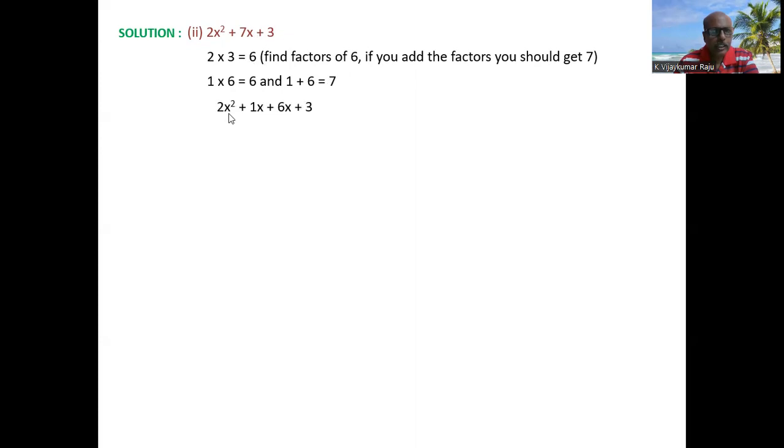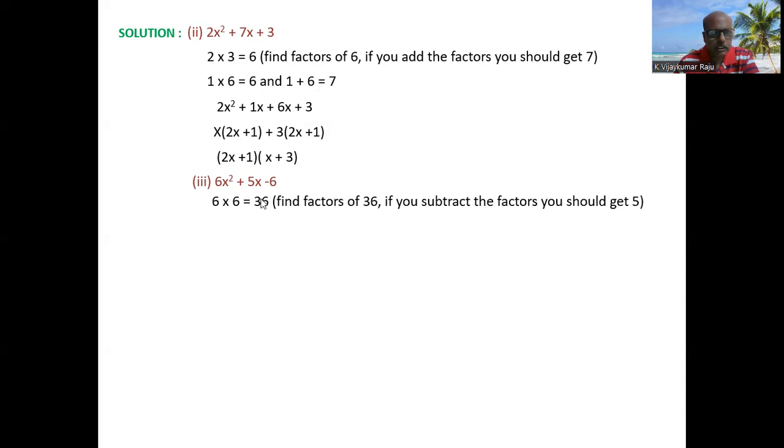So you can write this as 1x plus 6x plus 3. Now I take common from the first two terms: x into 2x plus 1, and 3 common, 2x plus 1. We got 2x plus 1 common again. In the second bracket, x plus 3. These are your factors.